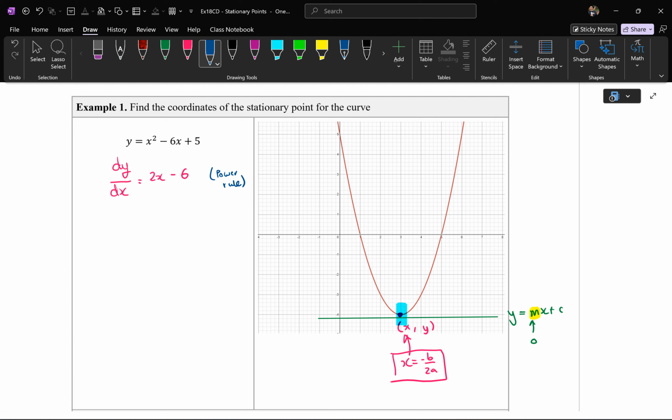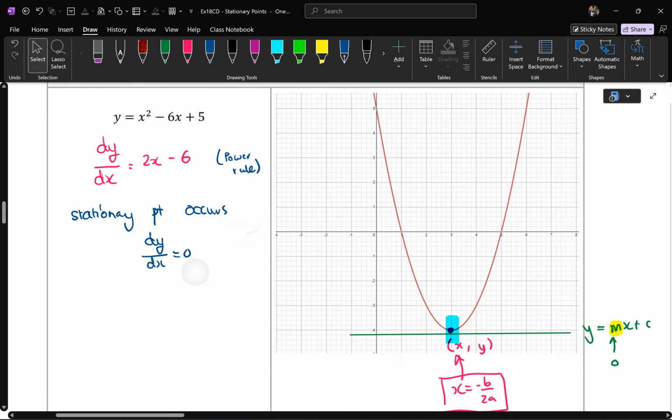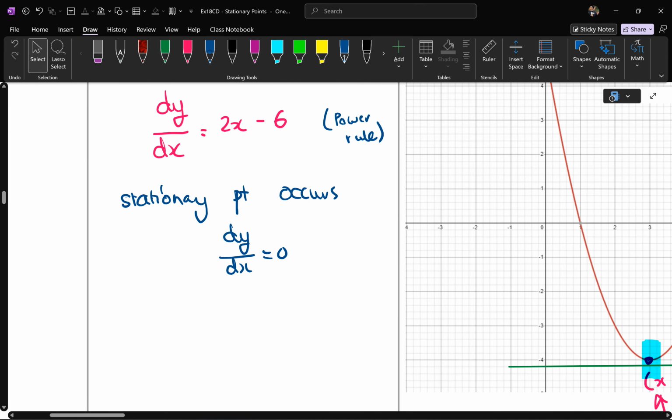So here we say, stationary point occurs when dy/dx equals 0. So we know that a maximum, minimum, or an inflection point will occur when the derivative equals 0. So we say, okay, here we go. Let's solve for it.